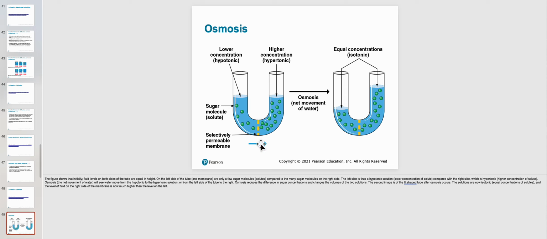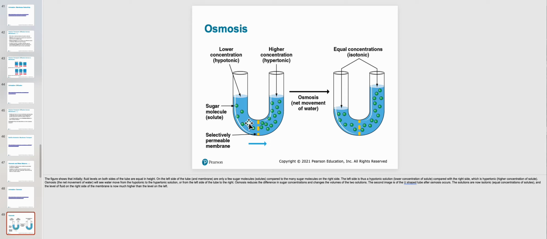The membrane is very selective. It only allows water to move, not the solids, in this case not the green sugar. The green sugar cannot move. Only water can move.